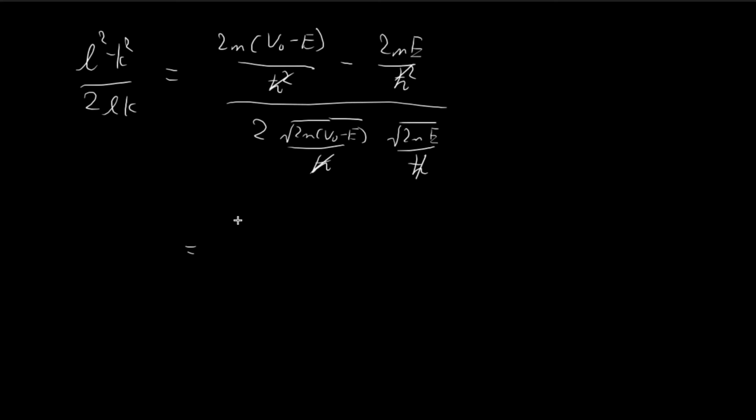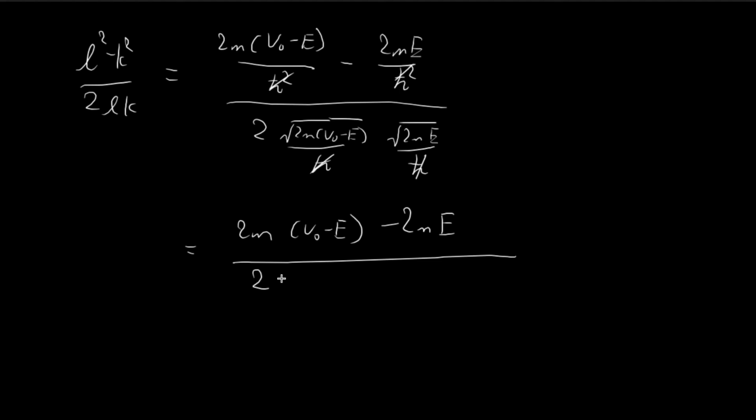So let's just rewrite this expression like this first. So we have a 2, and then both of these terms have a 2m, so we also have a 2m, so you can see that that also cancels out with the term in the numerator. And then we also have a square root of E times (V0 minus E).